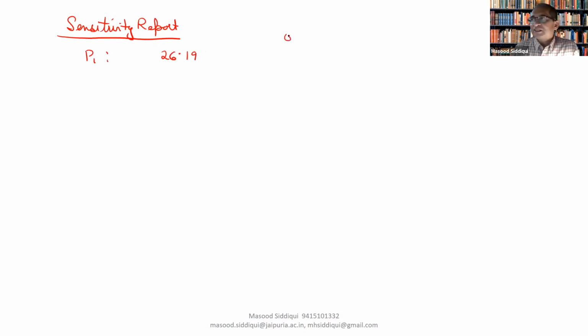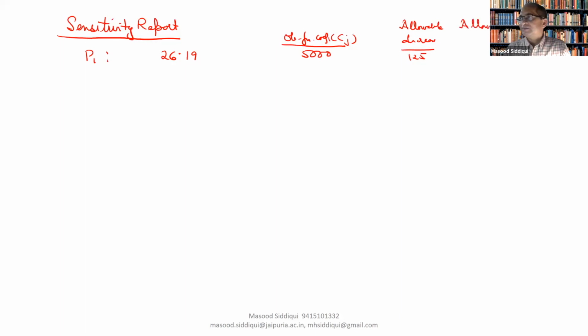The objective function coefficient, that is C1, or Cj, was 5000 because 1 unit of product 1 is giving a profit of 5000. And then we have the allowable increase, which is 125, and the allowable decrease, which is 2500.